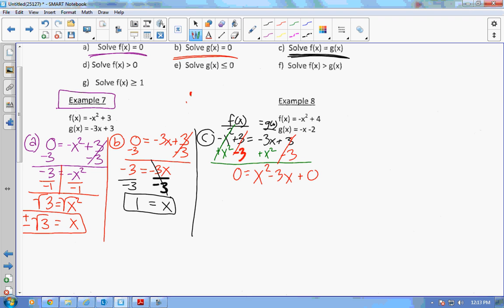If it's a decimal, you need to be using quadratic formula. So can you think of two numbers that multiply to 0 and add to negative 3? Negative 3 times 0? Does that add to negative 3? X plus 0, x minus 3.